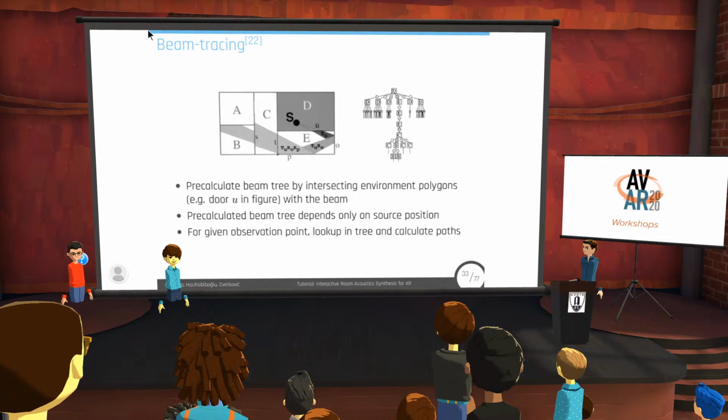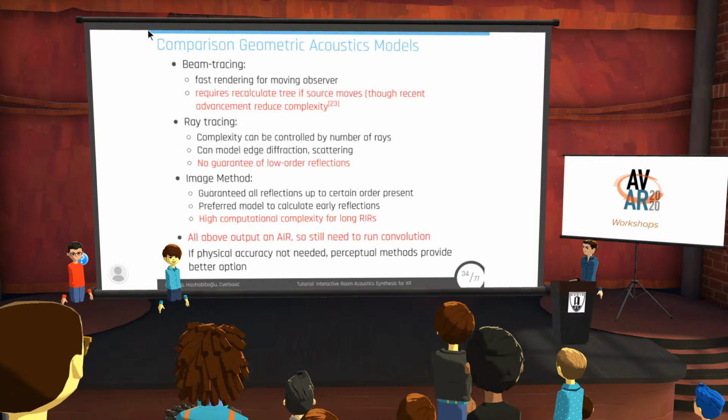And that means that moving observers are very simple to simulate in this case. The drawback is that whenever the source moves, one needs to recalculate the beam tree, and this is a very complex operation. However, there have been also advances in this field by Augusto Sarti using the ray space transform. I can point you to reference 23.